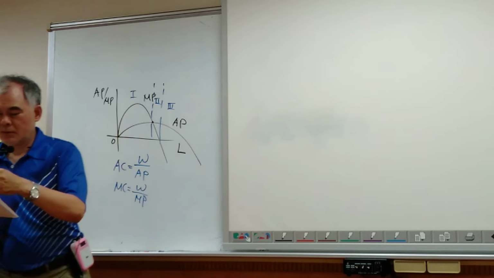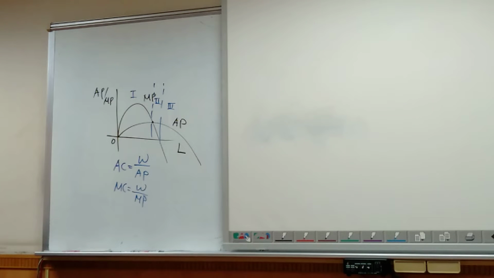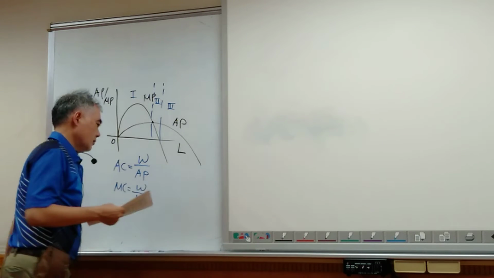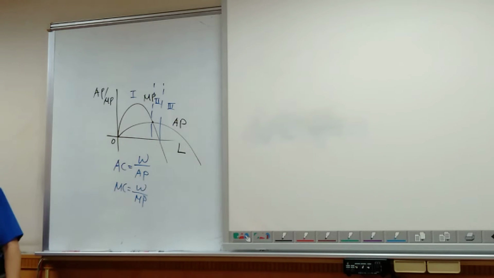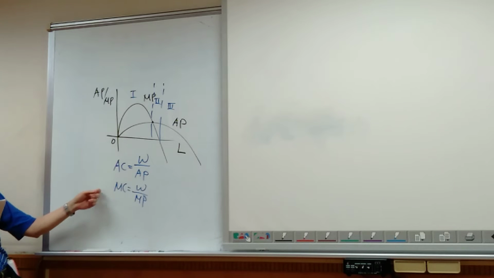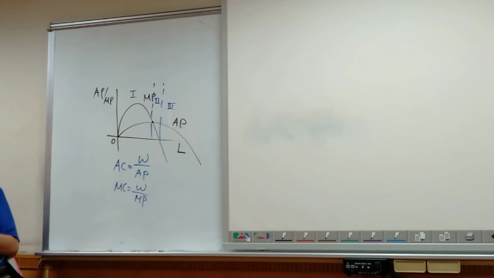Then MPL is... 谢金荣. Okay, so what happened? Yu Huayuan. MPL is 60. Okay, why? The relationship here. So question 6, it is C.